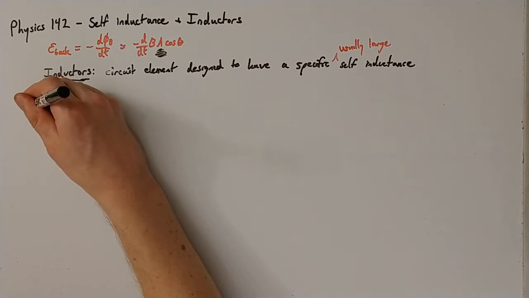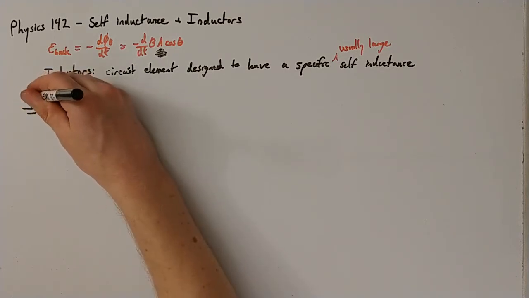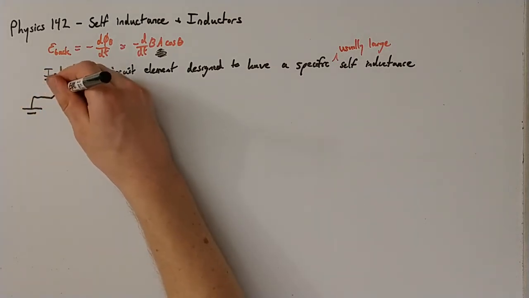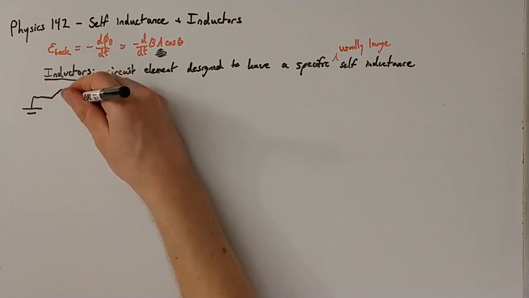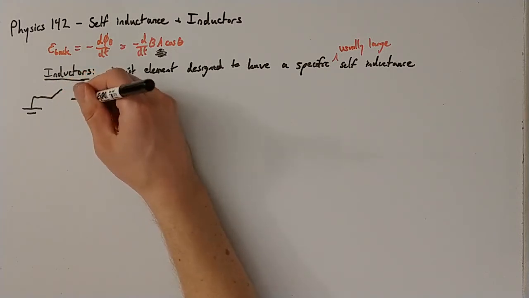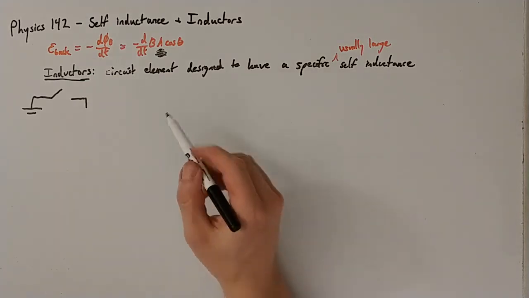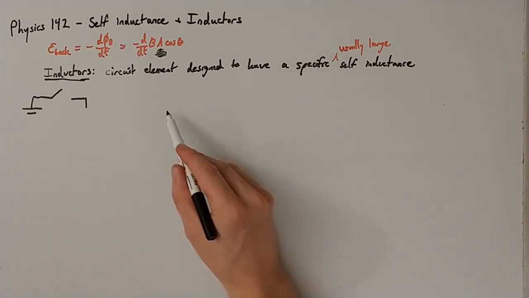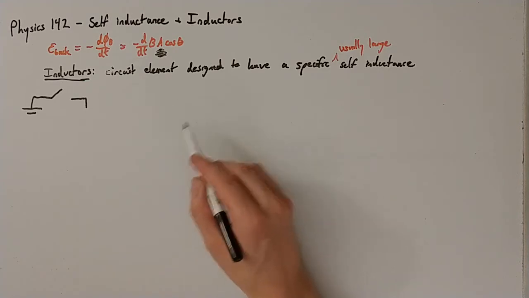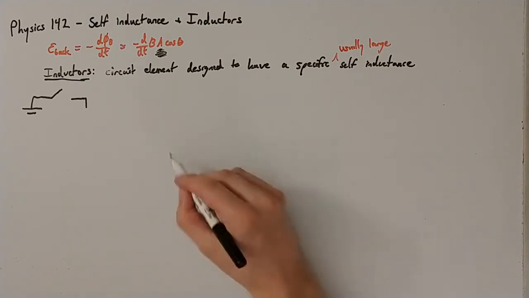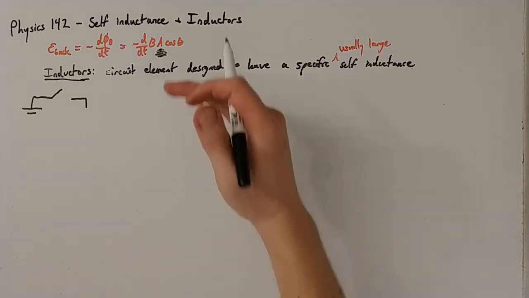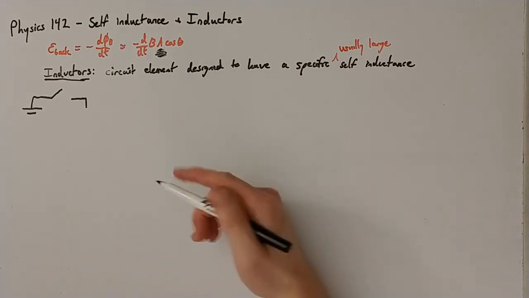What we do is you draw your circuit like usual, maybe it has a switch in it. But then the way that you make an inductor is you want to think about having a large area, and the way you do that is with many, many, many loops. You make many loops of wire, and that means that you have a large area for magnetic flux.